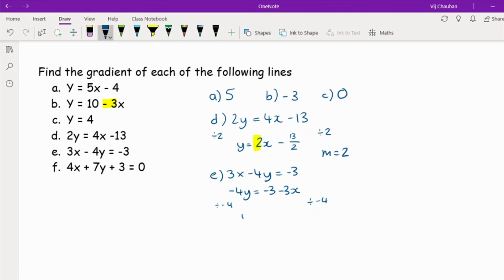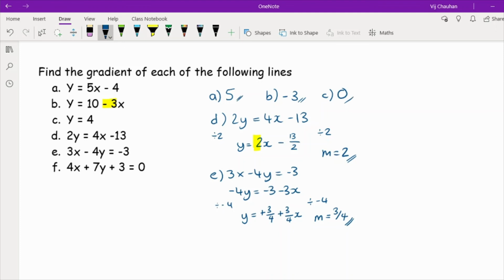So here I've got y equals plus 3 over 4 plus 3 over 4x. So my m value in equation E is going to be 3 over 4. Note how I've kept it as a fraction so that I don't have to worry about working with decimals. So moving on to our last example, which is F.